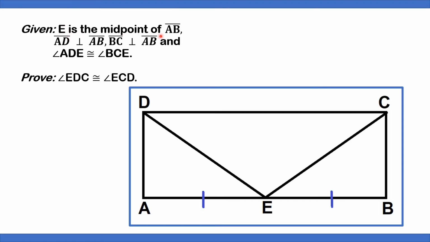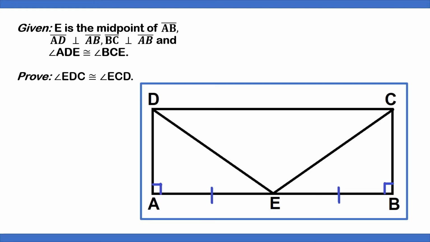E is the midpoint of line segment AB, so it must imply that line segment AE is congruent to line segment EB. Line segment AD is perpendicular to line segment AB. Line segment BC is perpendicular to line segment AB.